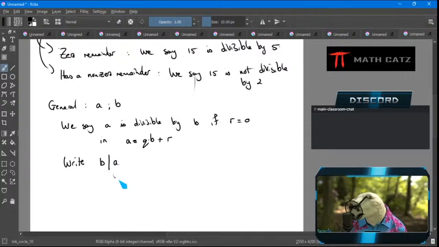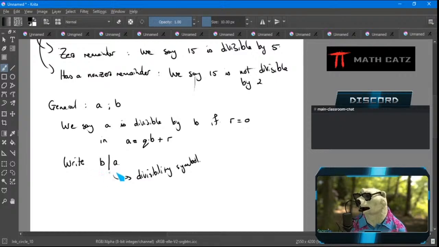It's my divisibility symbol. But when I write it in this form, the small number comes first, so to speak. The divisor comes first.